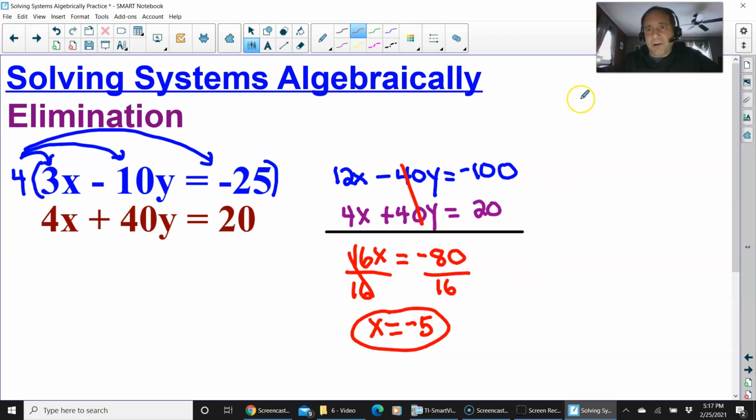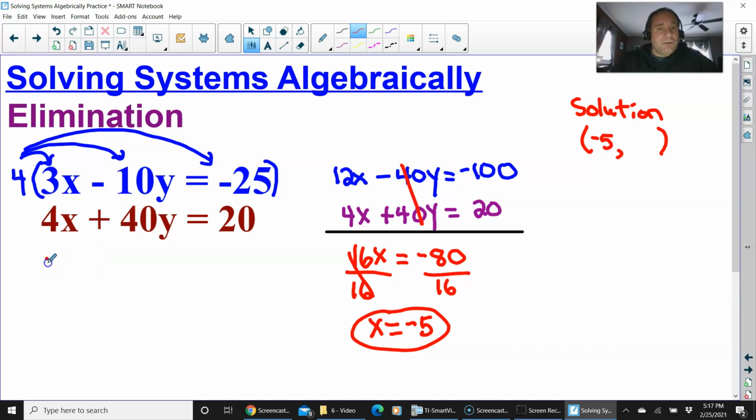So now the part of the solution is negative 5, comma, something. So I'm going to look at the 2 equations and I'm going to look to see which one looks easier to me. And I'm looking at the second equation.